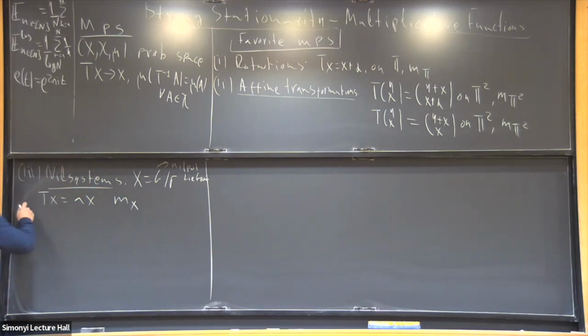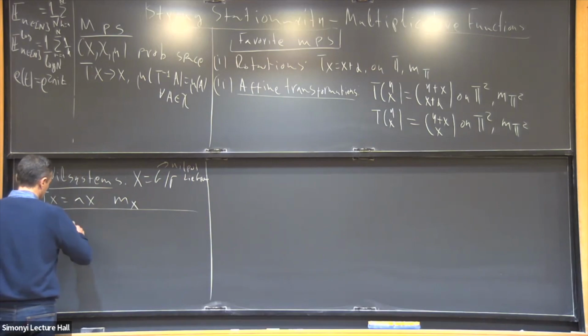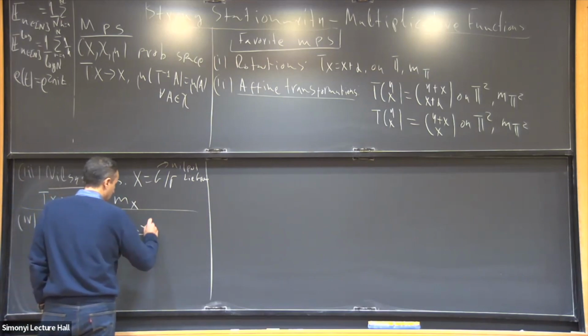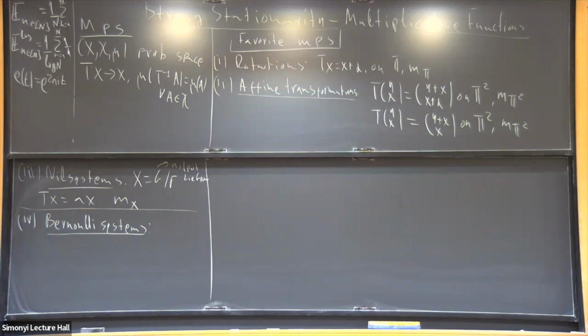Okay. So these are the structured systems, and I don't need anything else. This is the whole class of structured systems I'm interested in. And then we have the random systems, which are Bernoulli systems. There are several ways to define this, but the one that is best for this talk is a special Bernoulli system.